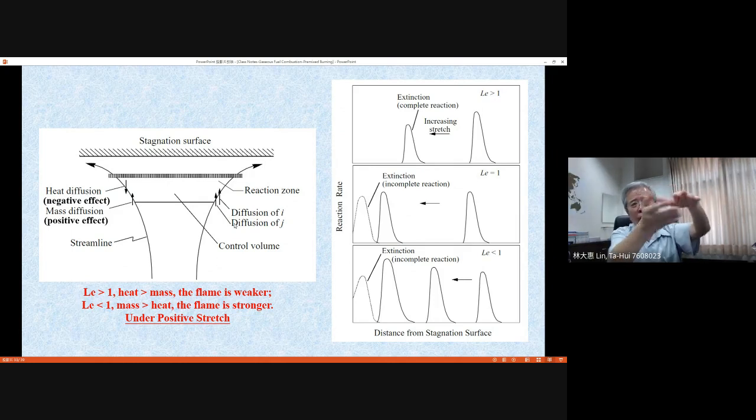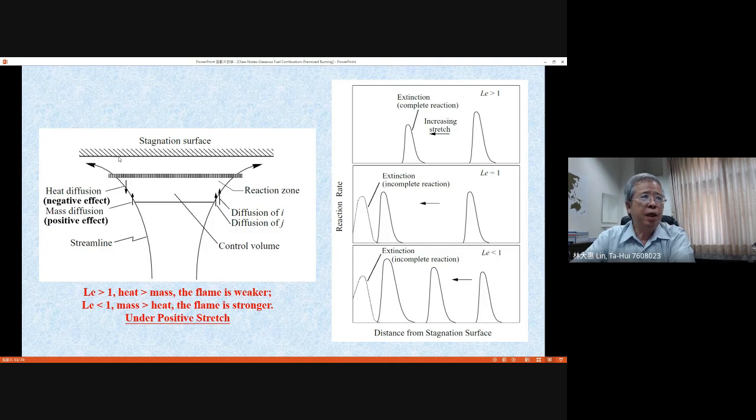A virtual stagnation plane will not give you any heat loss, but when these two flames cross, incomplete combustion may be the most important factor, because they do not have space to finish the chemical reaction. Then they collapse together, and the flame is extinguished. Okay.